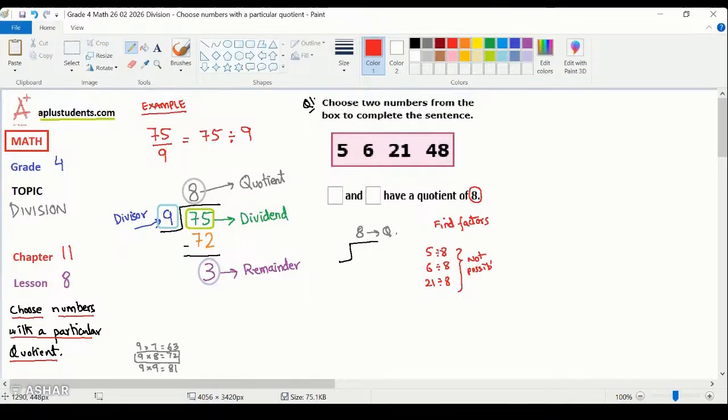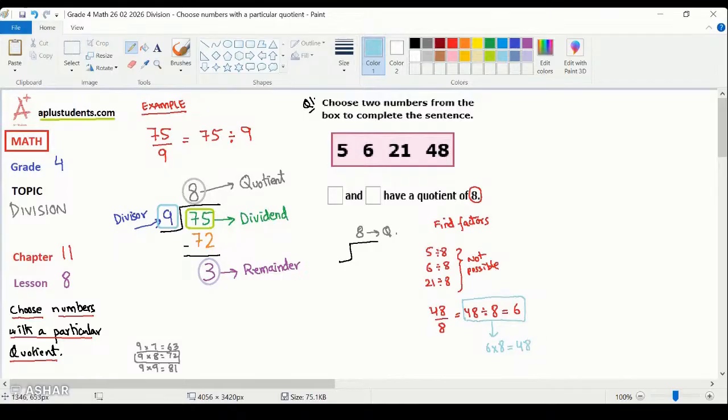But once we look at 48, can 48 be divided by 8? Yes, it can. And we know that 6 times 8 is 48. Agreed? We got this answer because we know that 6 multiplied by 8 was 48.